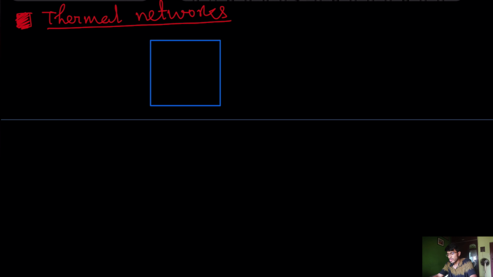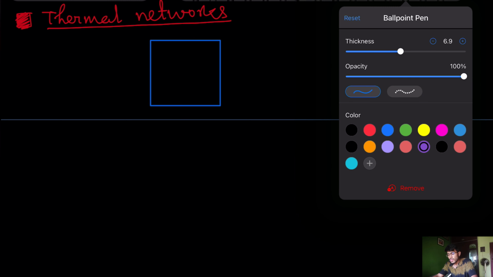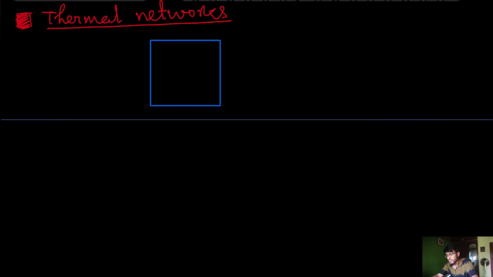Thermal networks means if you have a situation like this: this is one block and this is another block, and these two blocks are joined.